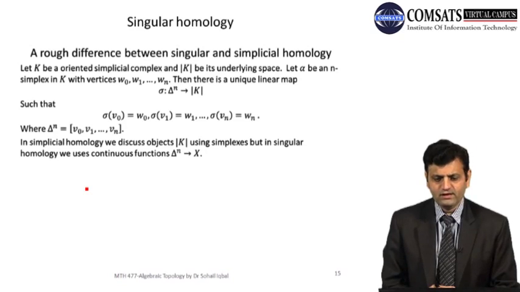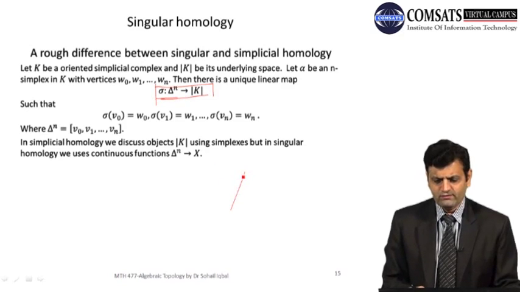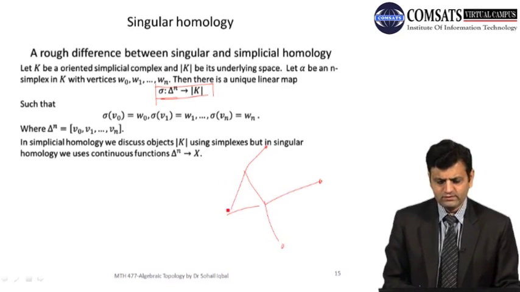Then there is a unique linear map taking the standard n simplex to the underlying space of K. So for example, let's say this is our simplicial complex, and this is the two simplex.